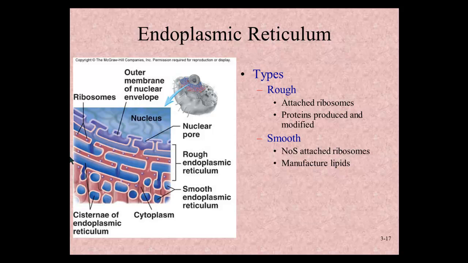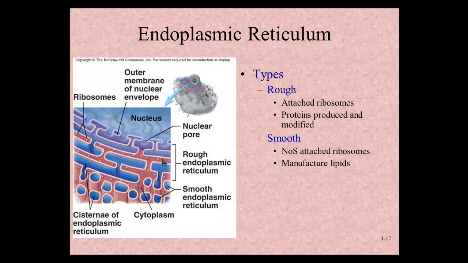Now the smooth ER does not have any ribosomes attached. The smooth ER's job is to manufacture fats or lipids. Some of the hormones, for example, that we need in our body, like estrogen, testosterone, progesterone, cholesterol, those are fatty molecules, and it would be the smooth ER in the cells of those endocrine organs that would make those fatty hormones.